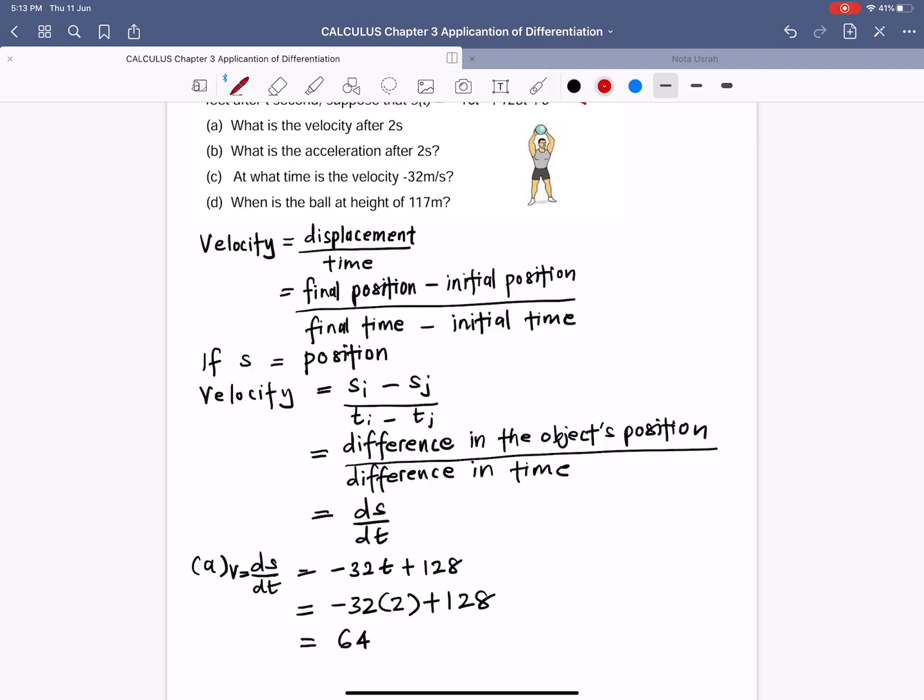And since S is measured in feet and t is measured in seconds, the unit for the answer is 64 feet per second.